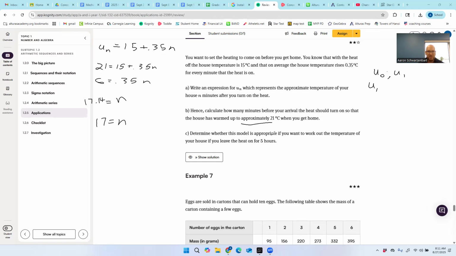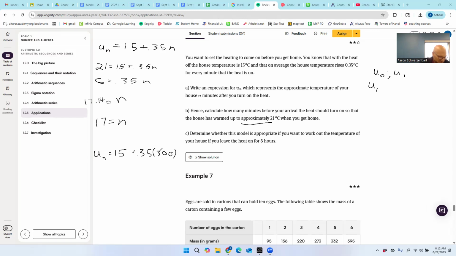Determine whether the model is appropriate if you want to work out the temperature of your house if you leave the heat on for 5 hours. Well, 5 hours would be 300 minutes. You guys may not know what room temperature is in Celsius, but it's approximately 25 Celsius.